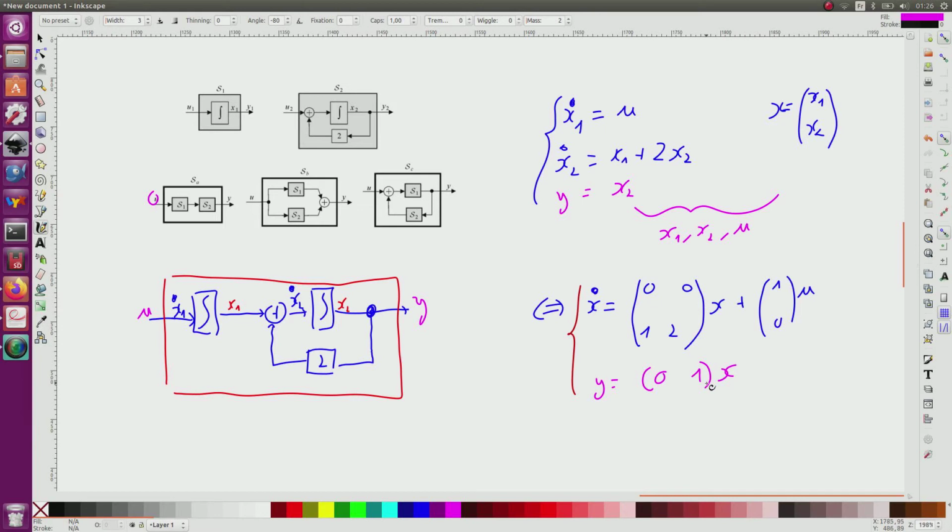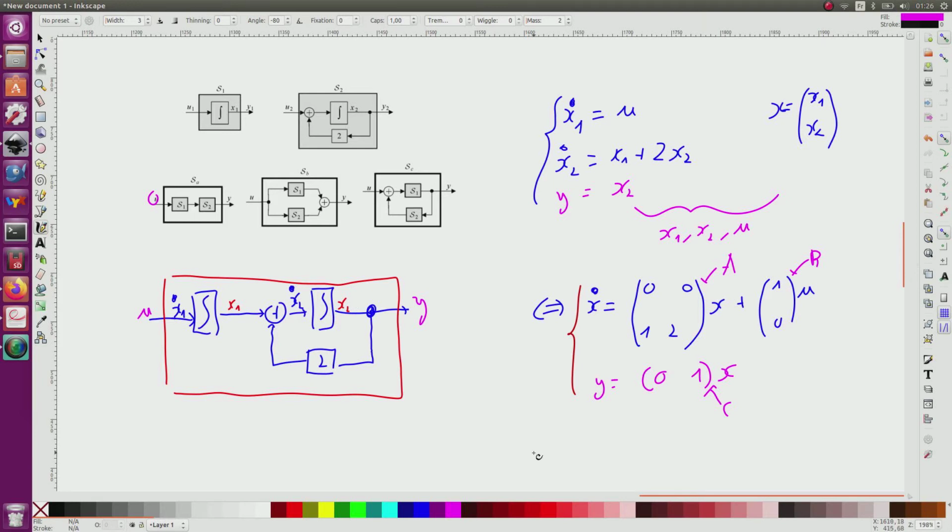So it is a state equation where I have the matrix A, the matrix B, and the matrix C. There is no direct term because I cannot go directly from u to y without crossing an integrator.